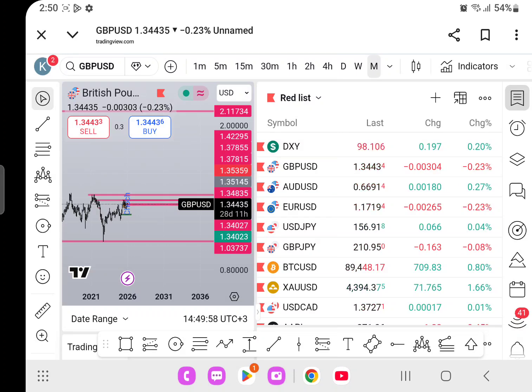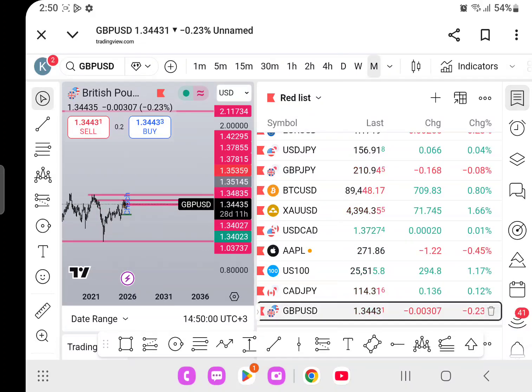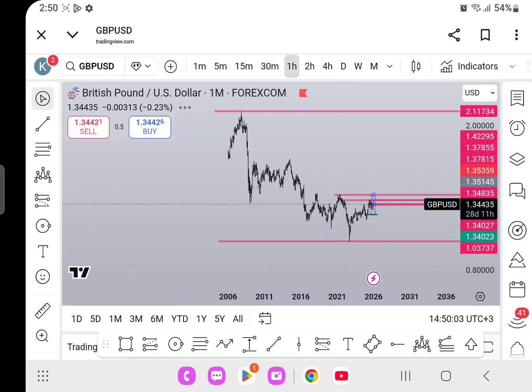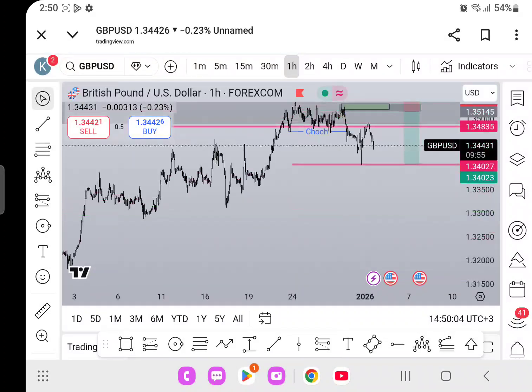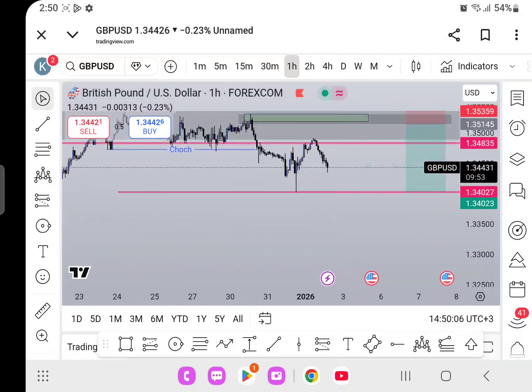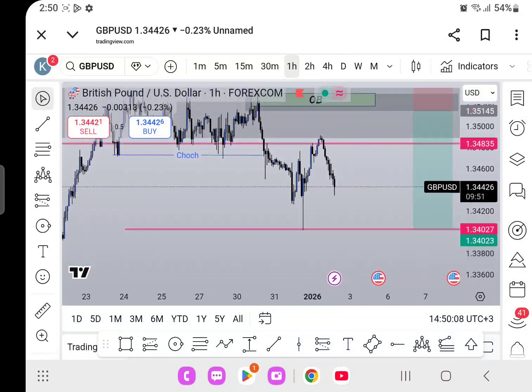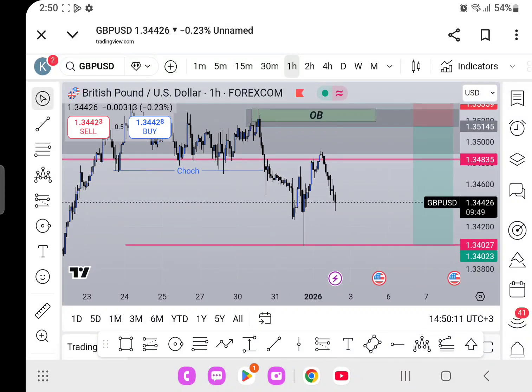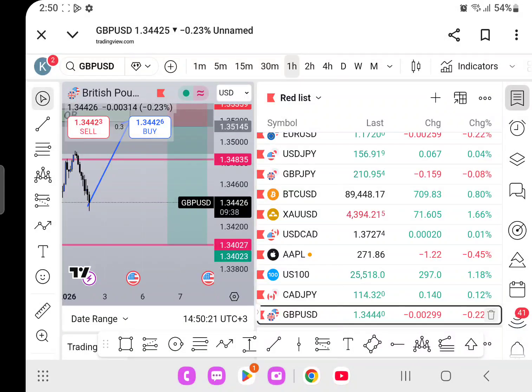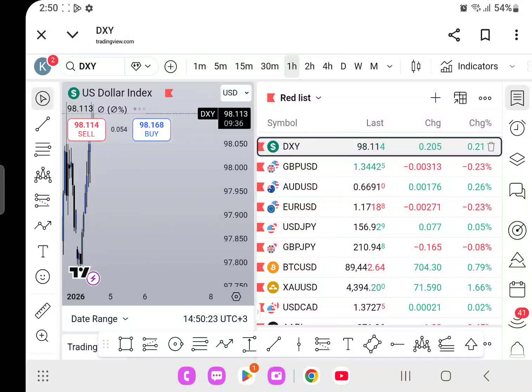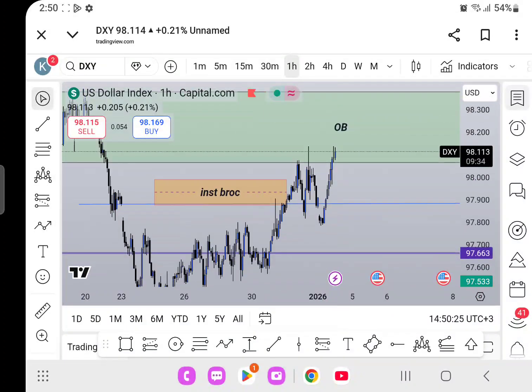So this is what I want to see at the lower time frame, at my 1 hour. Since I'm waiting for the market to retrace to my sub zone, this means if the GU is going up, the dollar, the DXY, has to come down.